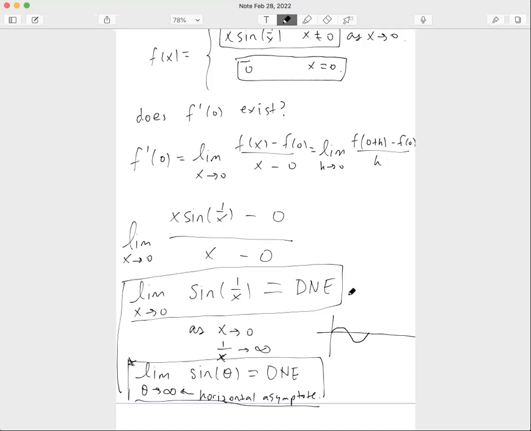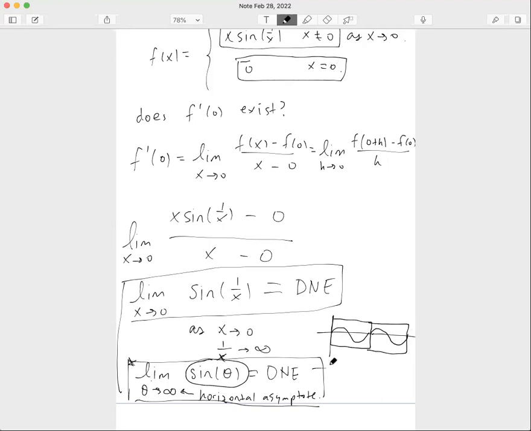What does periodic mean? Sine looks like this picture forever. So how could sine be approaching anything as the angle goes off to infinity? Because whenever you reach 2 pi, you just repeat this picture. So clearly that cannot approach anything.